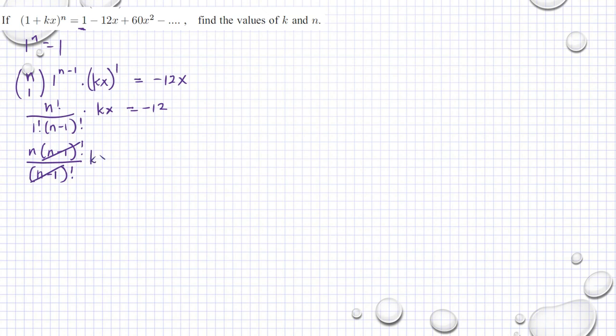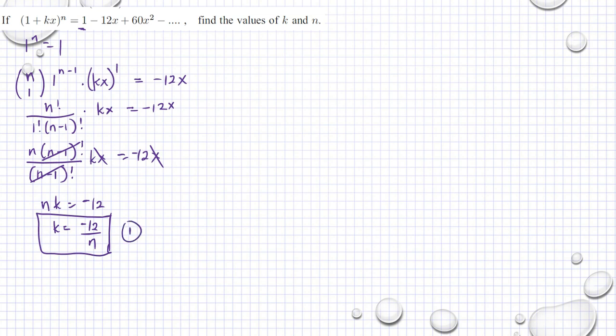We have nkx is equal to negative 12x. Then if we divide both sides of the equation by x, then we have only nk equal to negative 12. So k is equal to negative 12 divided by n, and we will say that this is our equation number 1.